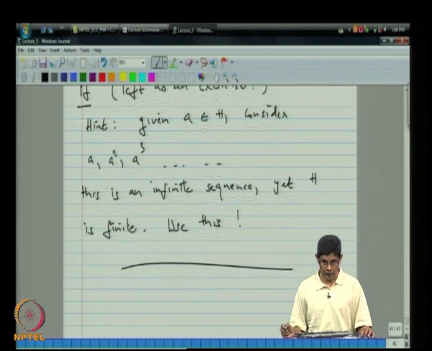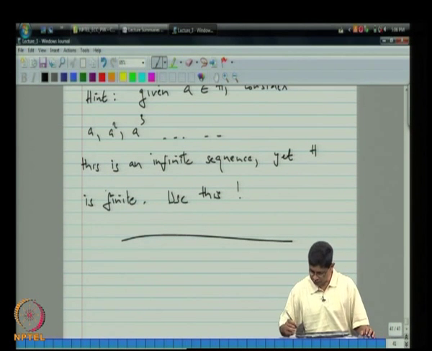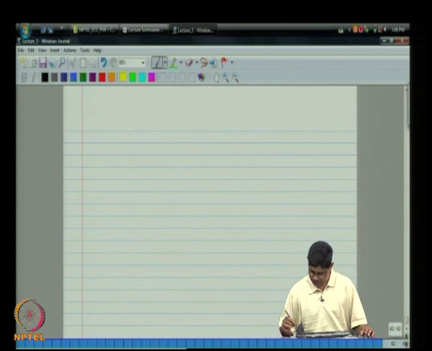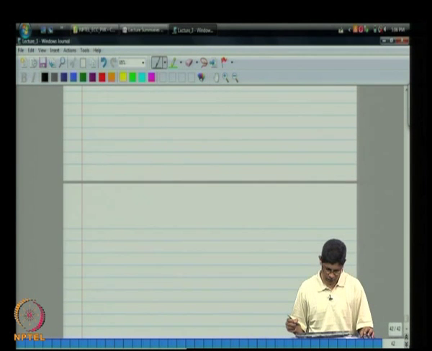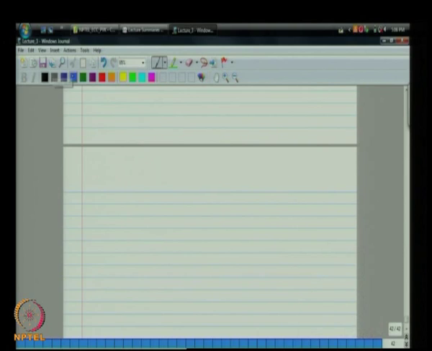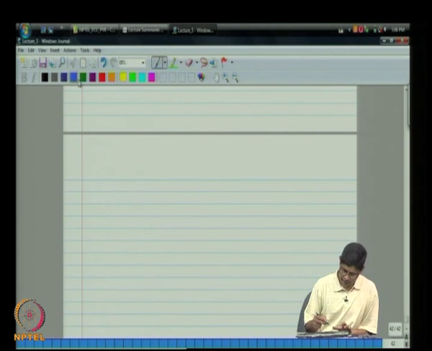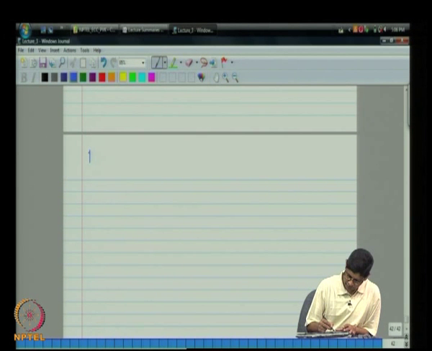Now we are going to move on to the topic of cosets. We'll begin with the notion of an equivalence relation.